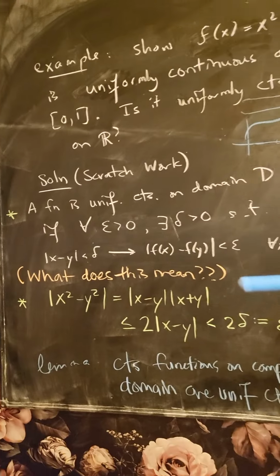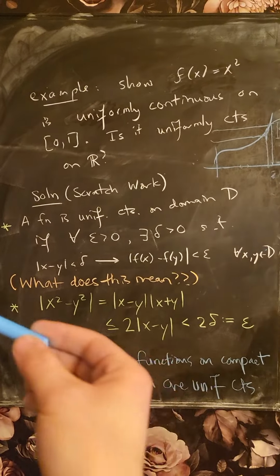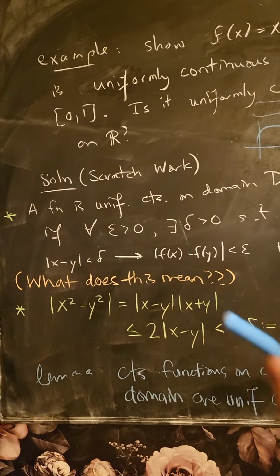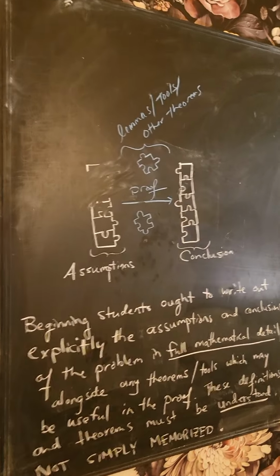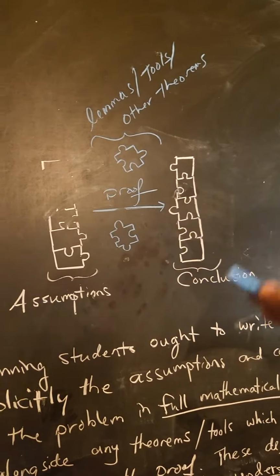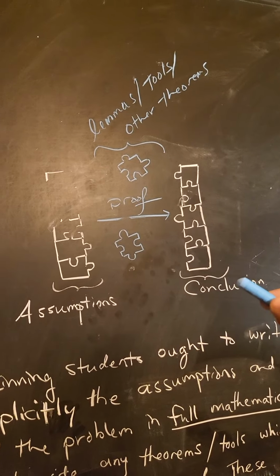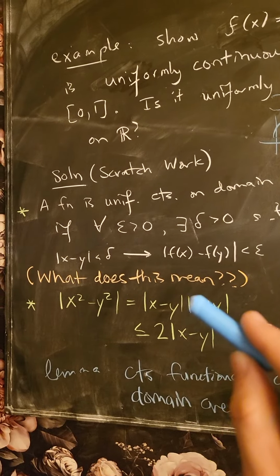The problem with that is that there's this question which begs to be answered, which is, what does this mean? And if you don't answer this question, what does this mean? Then why are you even attempting to solve the puzzle in the first place? You don't even know what this puzzle means. You don't know why you're trying to put these puzzle pieces together. Okay? So the most important question is this: what does this mean?